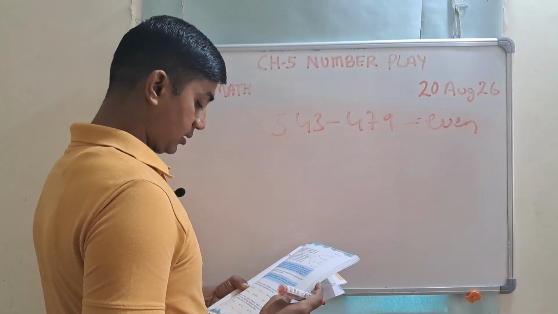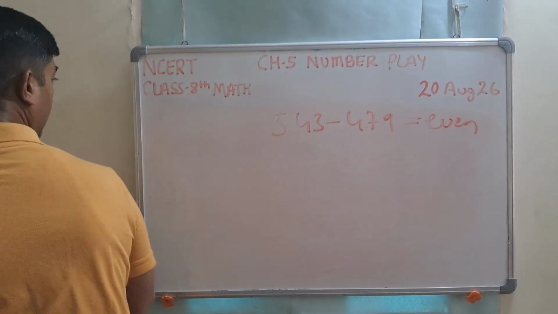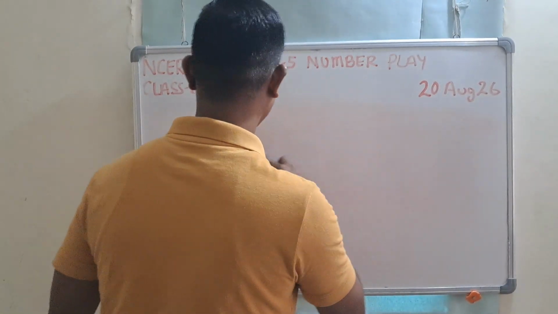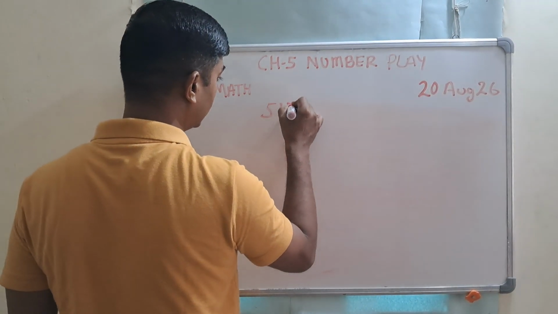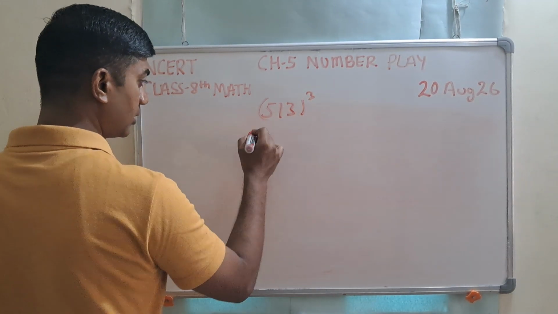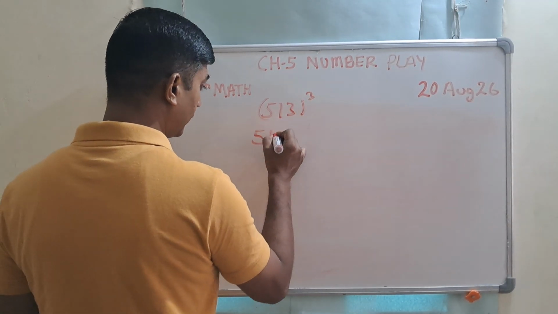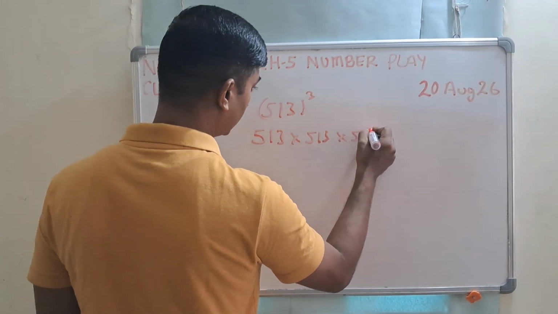And next, we have 513 cube. How is this expression written? Now see, 513 into 513 into 513.